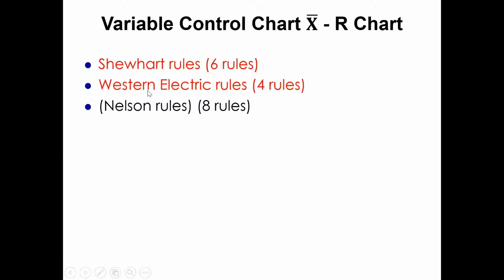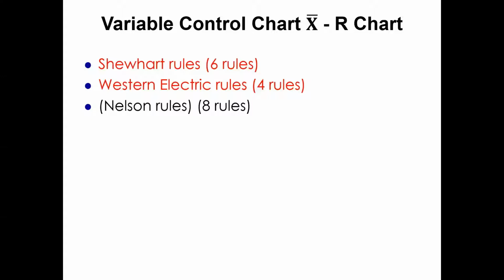And the same goes for the Western Electric rules, which make up 4 rules, which serve as a guide or reference for identifying potential problems of the process based on the control chart. On top of Shewhart's and Western Electric rules, there's another rule called the Nelson rule, which is also quite common in the industry, but we're not going to talk about this rule. It's not under this module or this chapter.